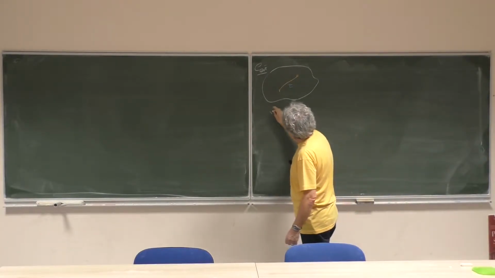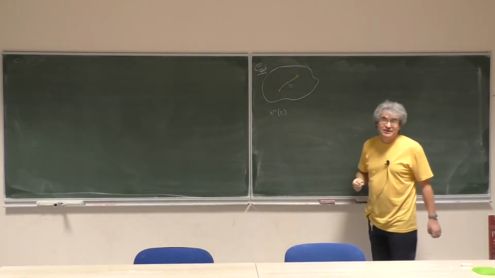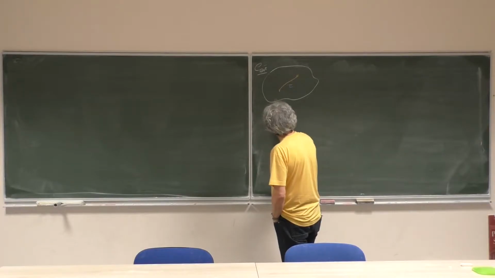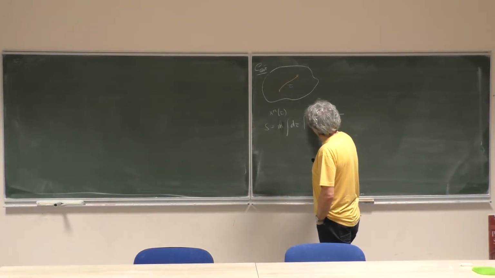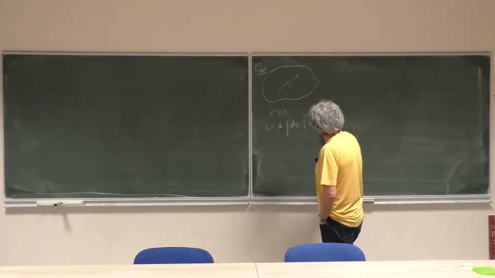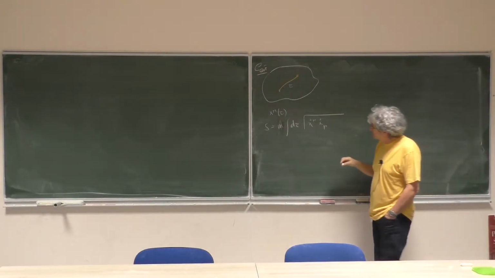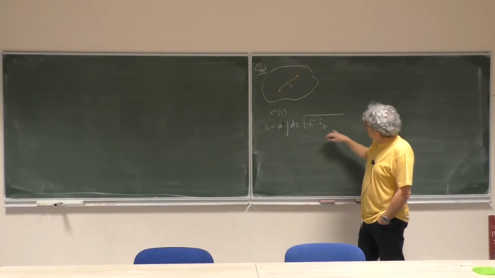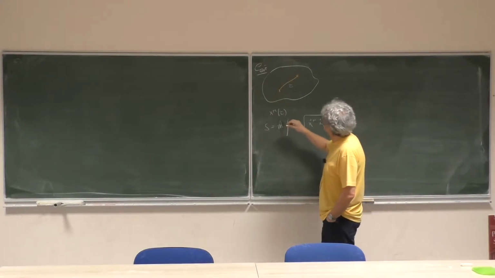where this is done routinely is in the dynamics of the relativistic particle, where the action is m, the integral in d tau of the square root of x dot mu x dot mu, where x dot is the derivative of x with respect to tau. And this action is invariant under change of parameter tau.